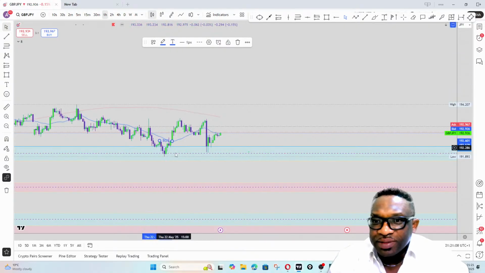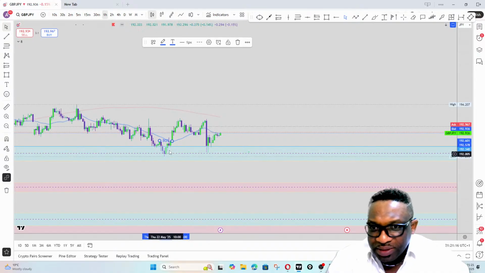So once we identify a break of structure, we also have to identify the origin of it. As for this area, we identified it on the higher time frame to be an imbalance area where price tapped in, pushed up, then came back for a retest. So we can take this as the origin of this break.